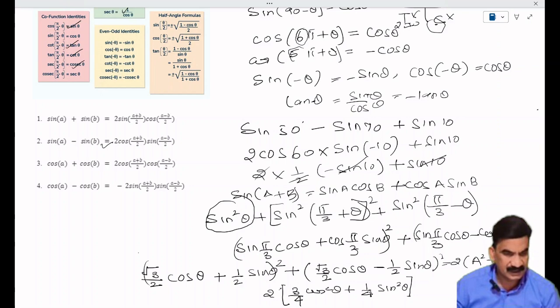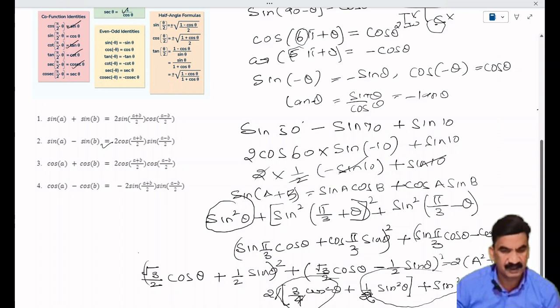When you multiply it inside, you get 3 by 2 cos square theta and 1 by 2 sine square theta. And you have another plus sine square theta, right? So these two will become 3 by 2 sine square theta. These two will become 3 by 2 cos square theta. And the answer will be 3 by 2.